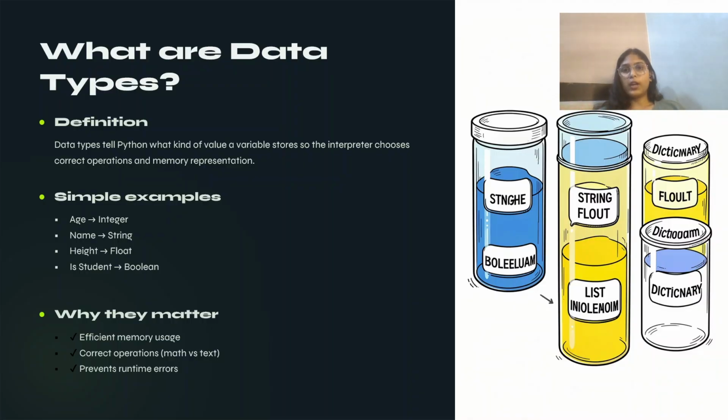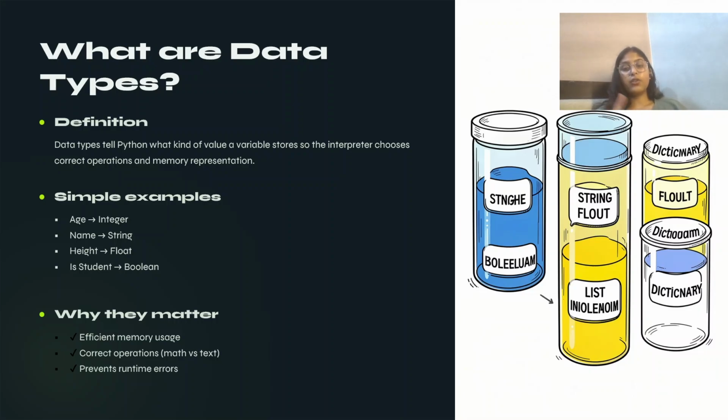Strings perform concatenation, but integers perform addition. But both have similar symbols. You will understand these types when we study more about them. Also, it prevents runtime errors. When we categorize that it's an integer, it's a float and so on, it's going to work accordingly.